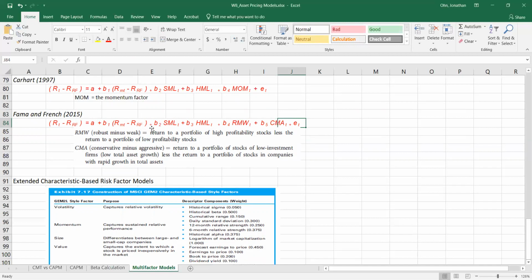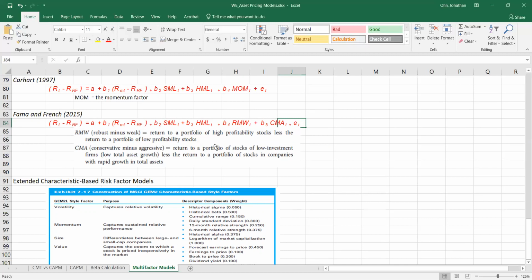One is the return to a portfolio of high profitability stocks, less the return to low profitability stocks. That's another additional risk factor that they identified.